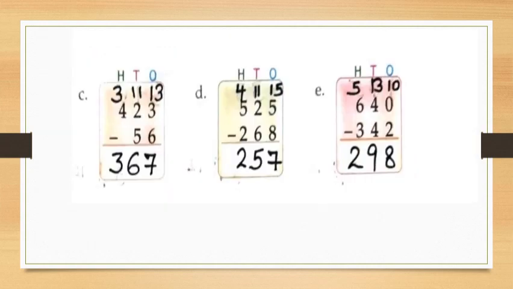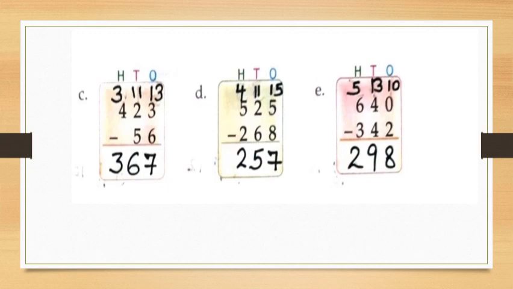Now children, let's do C part. Here you have to subtract 56 from 423. First we will subtract the ones, that is you have to subtract 6 from 3.